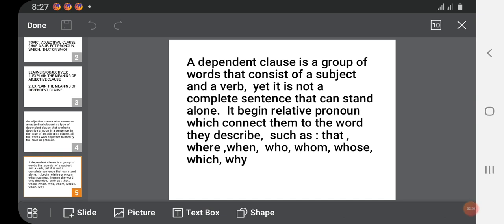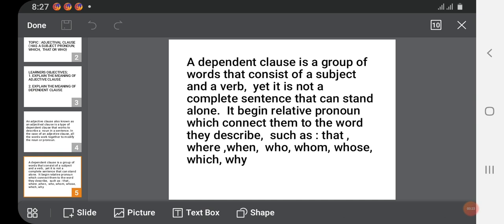The doer of an action in any sentence. Your verb is an action, a doing word, or a state of being. So with all this, it cannot stand on its own. It depends on other clauses to enable it to stand on its own.